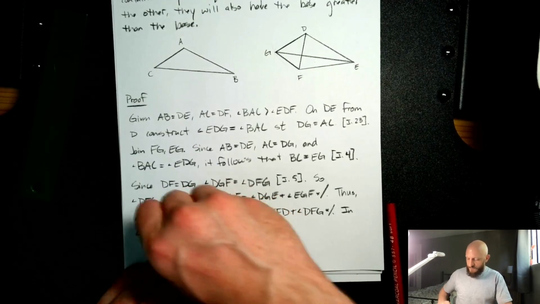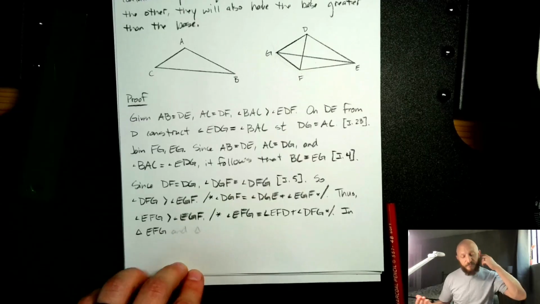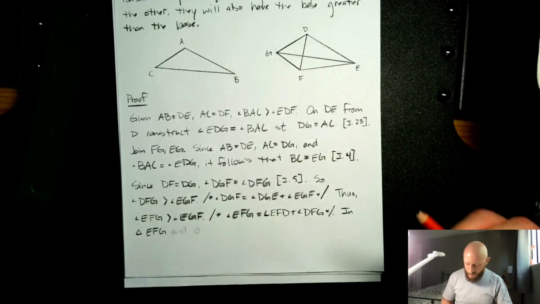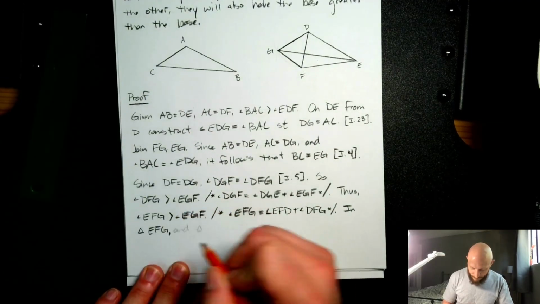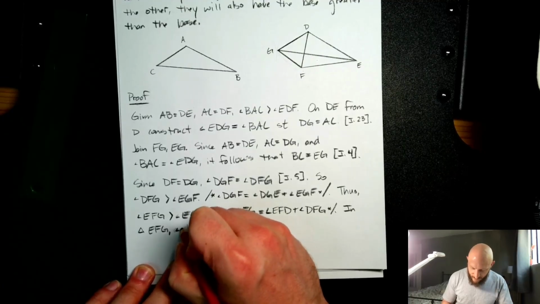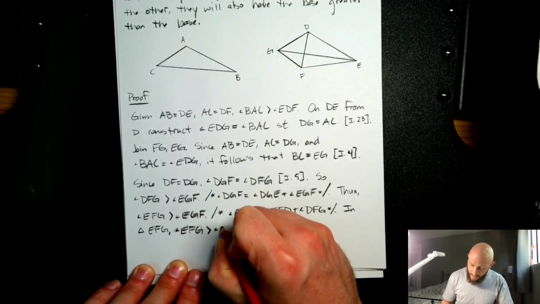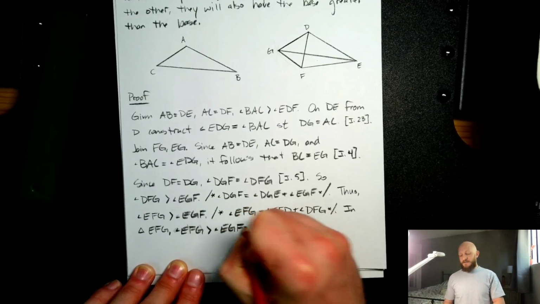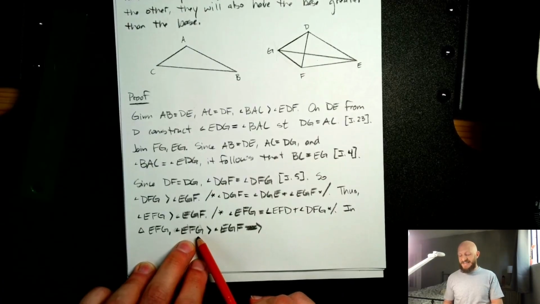Now we've whittled all of this down to a single triangle, and now we can use prop 19. So in triangle EFG, angle EFG greater than angle EGF implies that the side that is opposite EFG will be greater than the side that is opposite EGF.